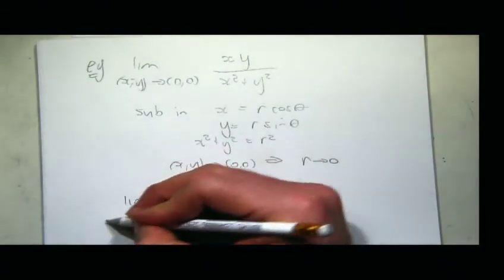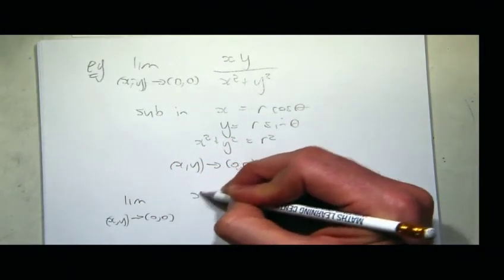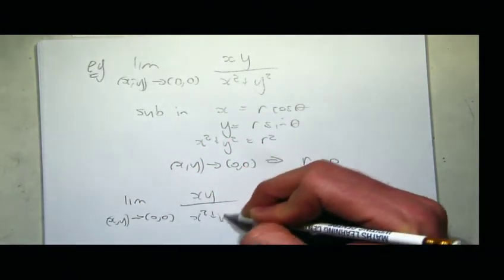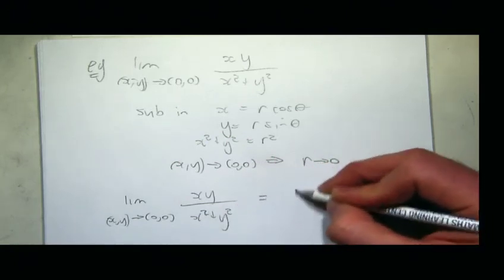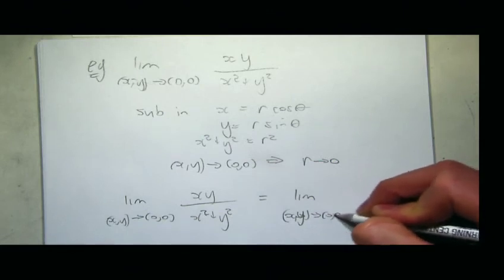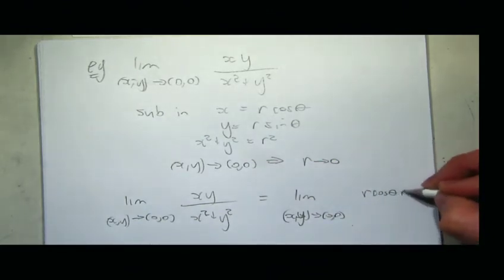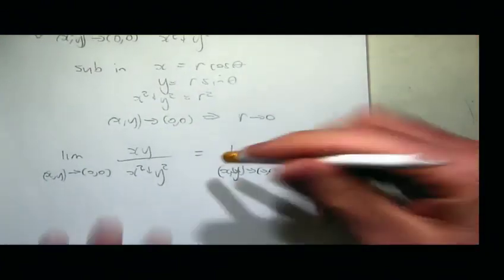So you have the limit as xy goes to 0, 0 of xy over x squared plus y squared, which is the limit as r goes to 0 of x is r cos theta, y is r sine theta, x squared plus y squared is r squared. Sorry, forgot to sub that in.